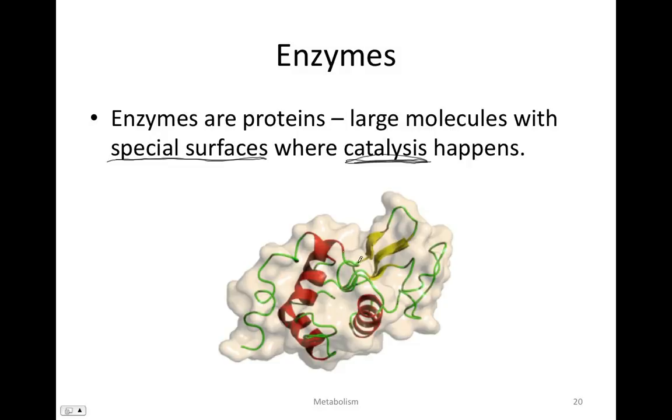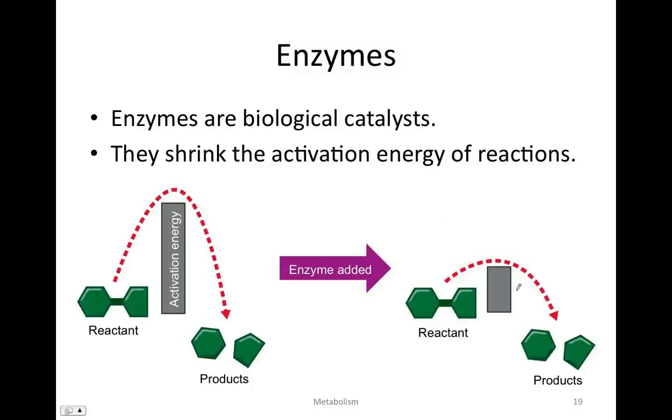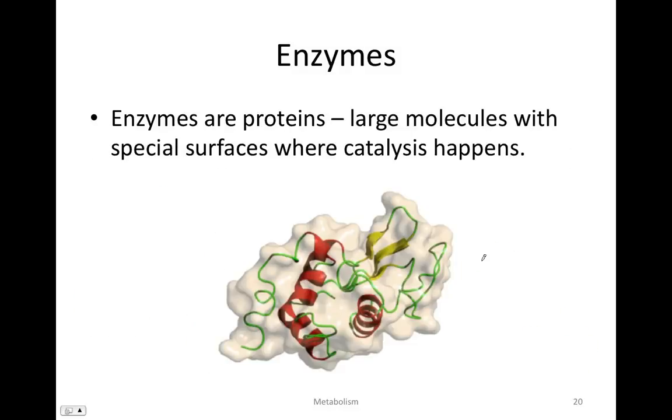That's where the reactants, called substrates, the reactants of an enzyme catalyzed reaction, sit and get positioned with each other so that the energy of activation, the activation energy barrier, becomes lower. It's the shape and configuration of the enzyme, that special surface on the enzyme, that makes catalysis happen, that makes the reactions go faster. That's what enzymes do. They make reactions go faster.